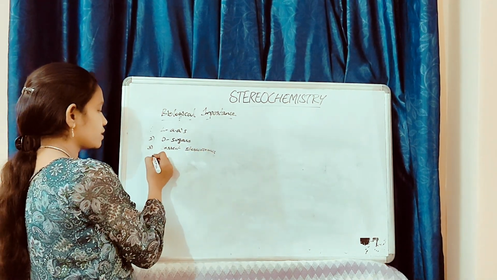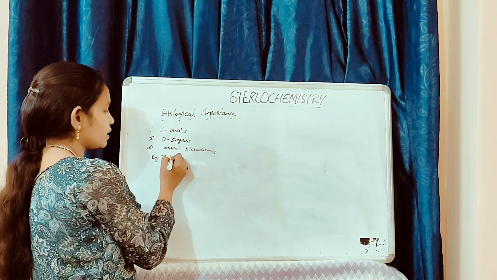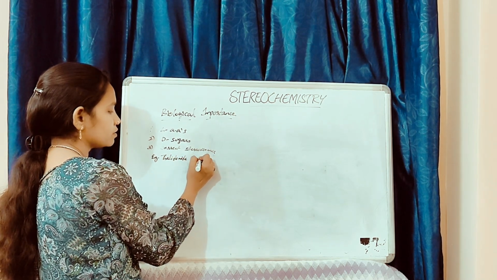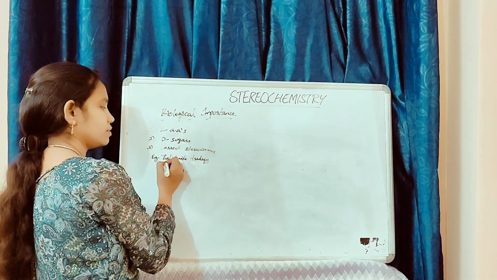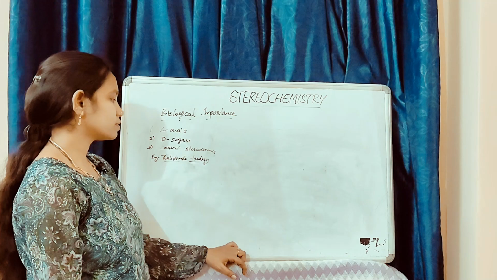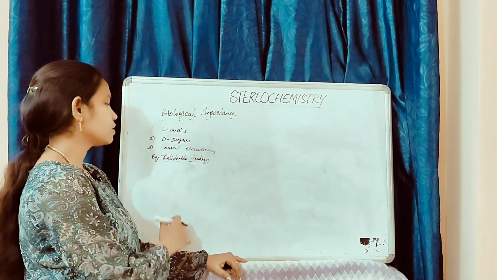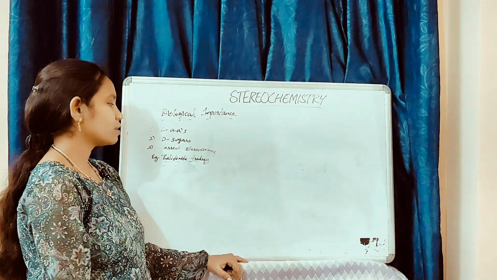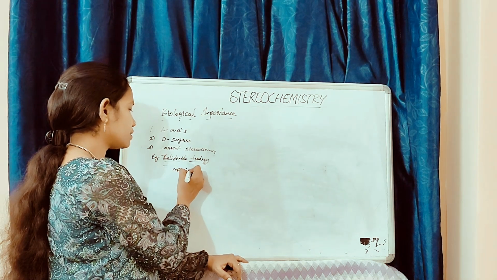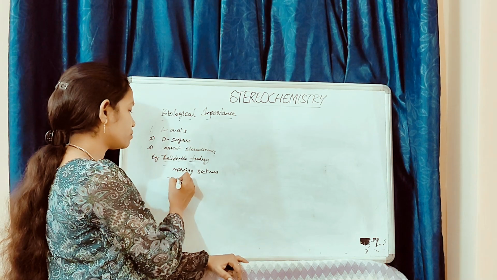So if you take example of real life, thalidomide tragedy. Have you heard of this name? This tragedy happened in the 1950s or 60s, I don't remember much, but in this tragedy, one form of the drug helped with morning sickness, and the other mirror image caused severe birth defects.